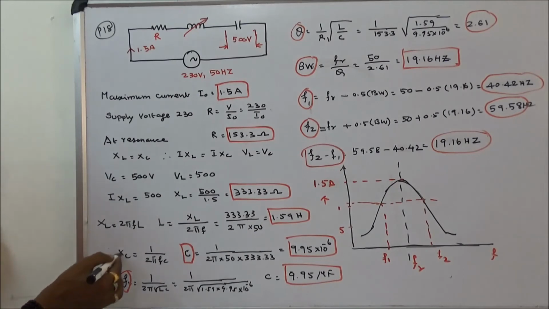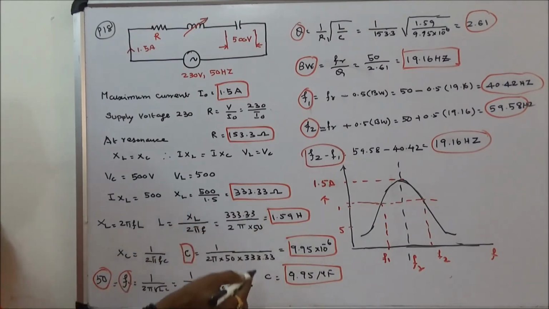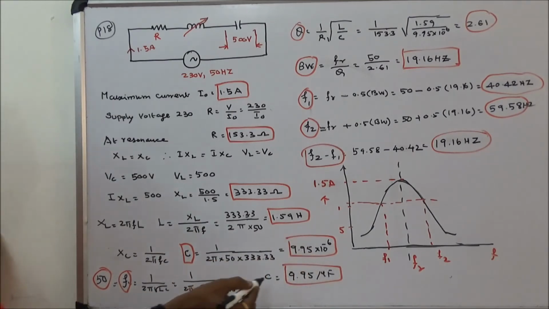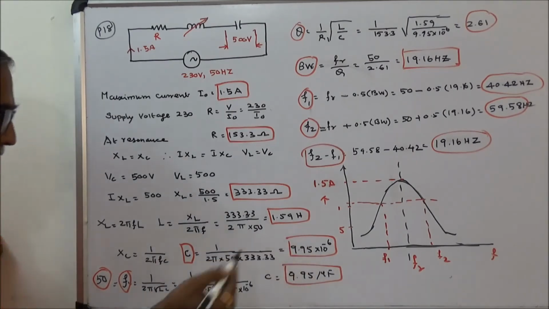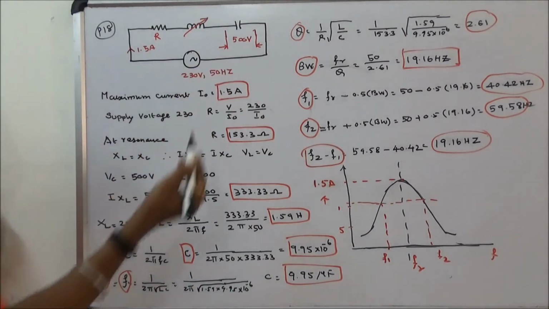Similarly, XC is equal to 1 by 2 pi FC. So C is equal to 1 by 2 pi into 50 into XC value, that is XC is equal to XL, 333.33, that is equal to 9.95 into 10 power minus 6 farads or 9.95 microfarads. Now I check the resonant frequency whether it will come 50 or not.